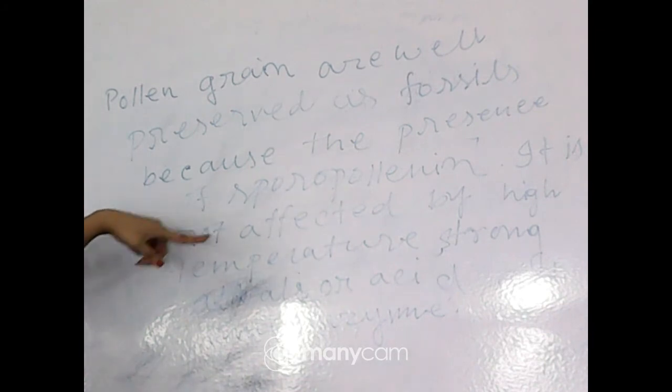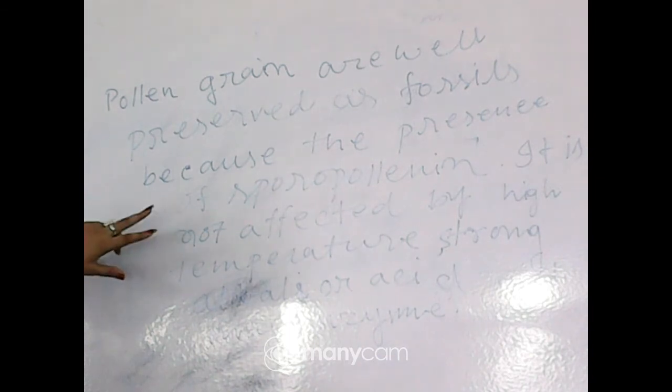So why is the sporopollenin so hard, why is the pollen grain not affected? Because of the presence of the sporopollenin. It is never affected by any type of strong acid, alkali or anything.